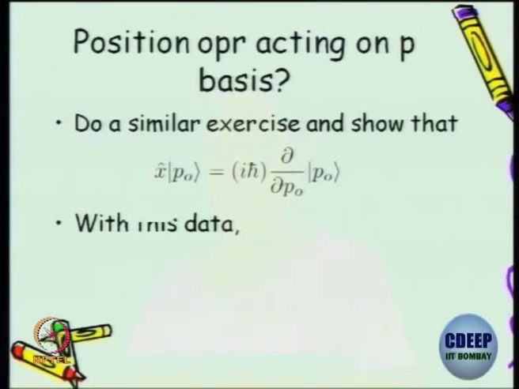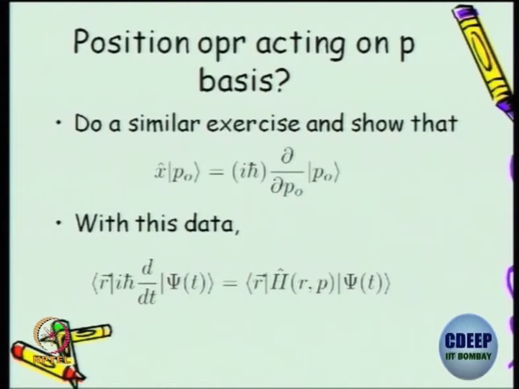So I have given you a couple of pieces here and there, and now with this data, what is the next step? Take the equation which dictates the time evolution of a ket psi, which is i h cross del by del t psi equals H on psi, and take the projection onto a specific position in 3 dimensions or 1 dimension.